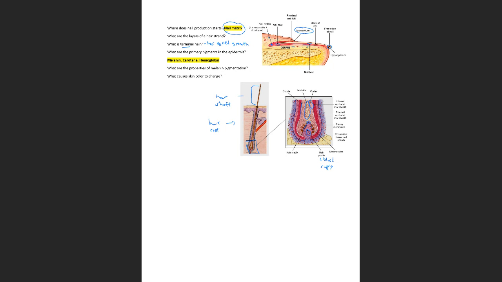Now there are certain pigments in the epidermis. They consist of melanin, okay, keratin, which is a protein found in our skin, and also hemoglobin. So the amount of melanin we produce determines our skin color. A lot of melanin, darker skin color. Not enough melanin, a lighter skin color.